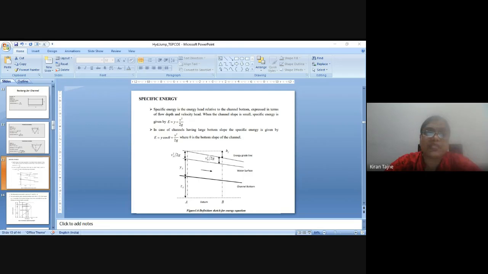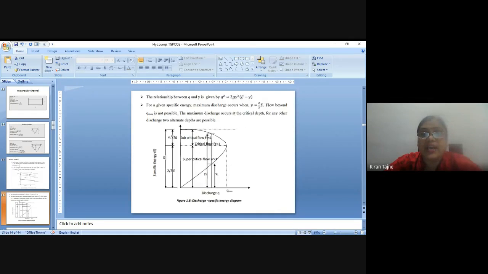Minimum specific energy corresponds to the critical state of flow, that is, the critical depth of flow. Here the graph is between discharge and specific energy.